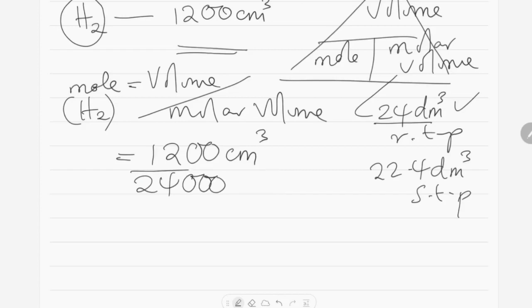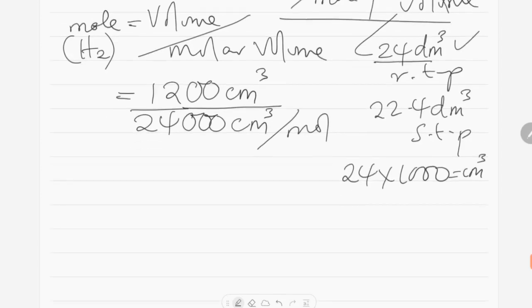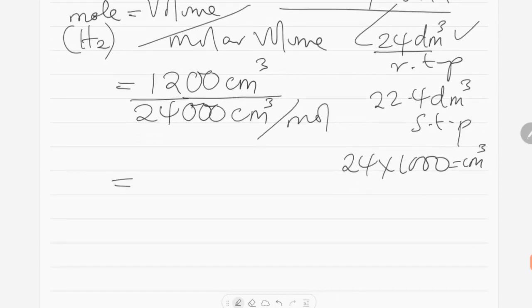cubic centimeters per mole. We just multiplied 24 times 1,000 to change to cubic centimeters. So dividing that, we get 0.05 mole.